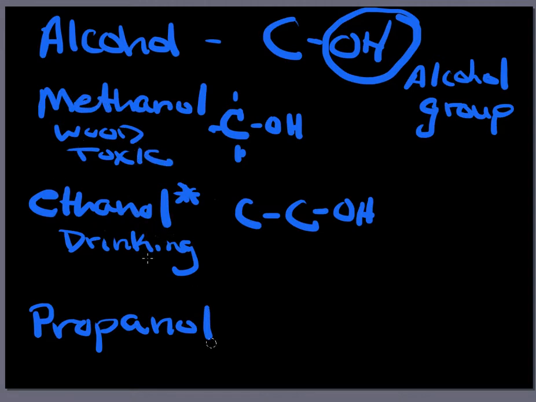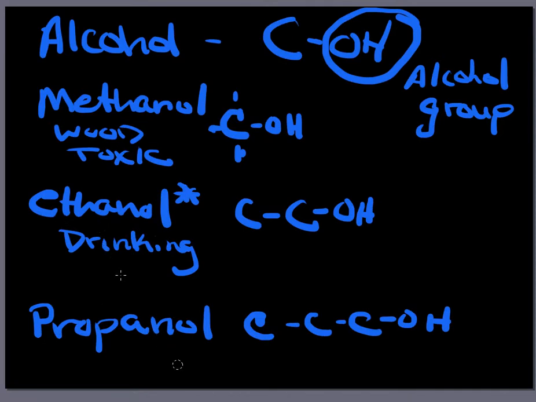I don't know if that makes any difference to anybody, but somebody saying toxic to me would make me worried no matter what. And then the last one we have here is propanol. And if the OH group or the alcohol group appears on either of the end carbons, then you have propanol.